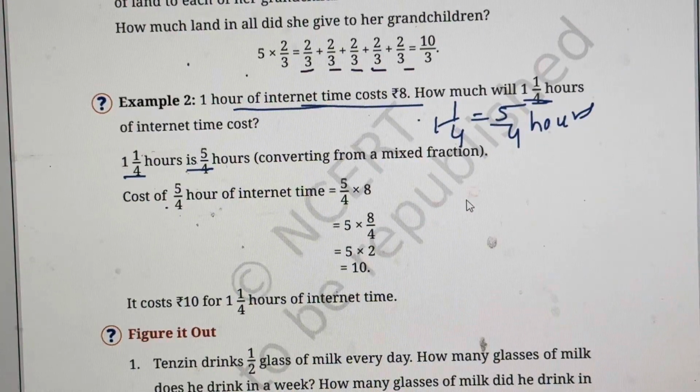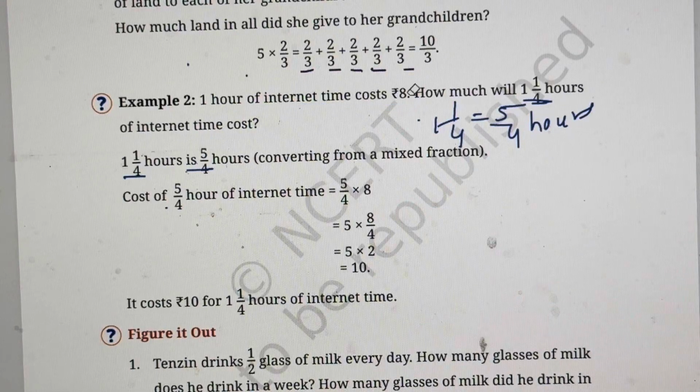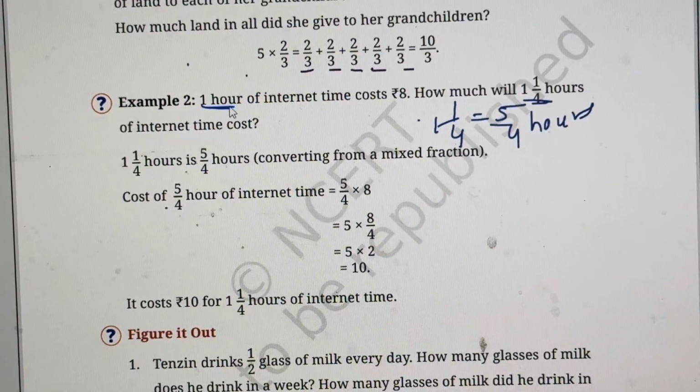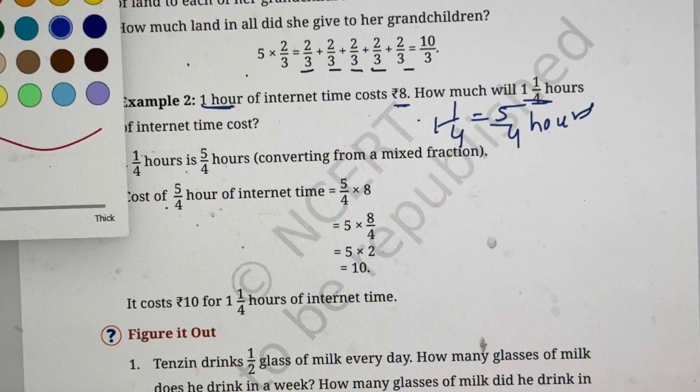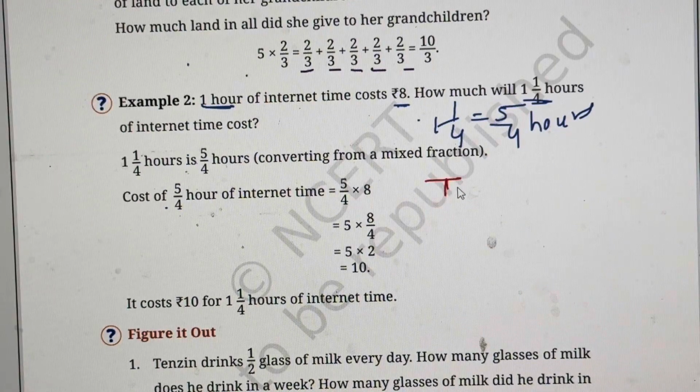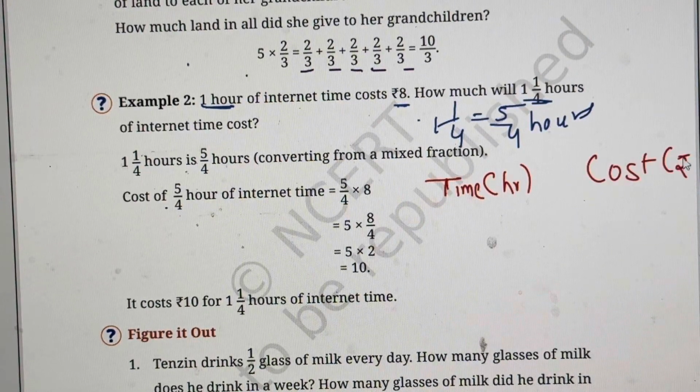Then you should use the keyword method. Now what is the keyword method? In the keyword method, we identify the keywords. What are the things which are given? That is time, that is 1 hour, and the cost. So we identify the keywords and write them: time in hours, and cost in rupees.